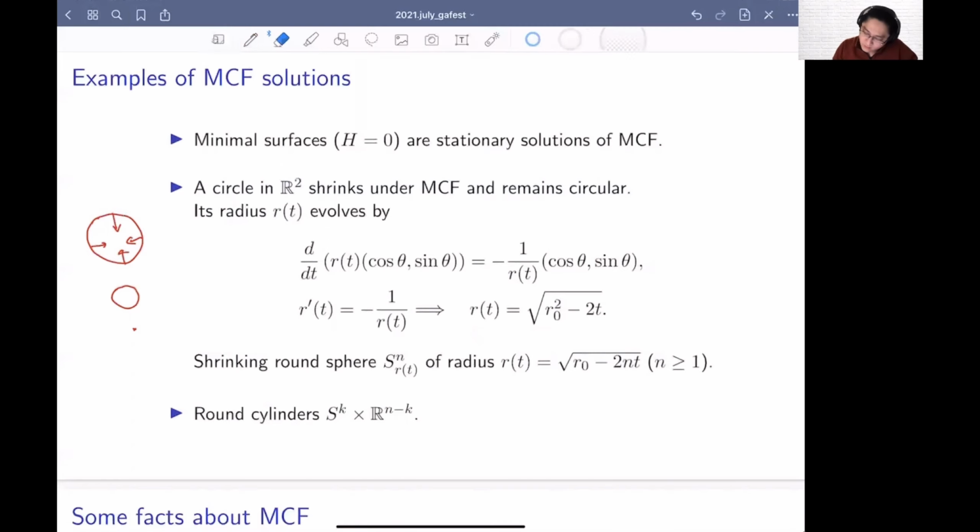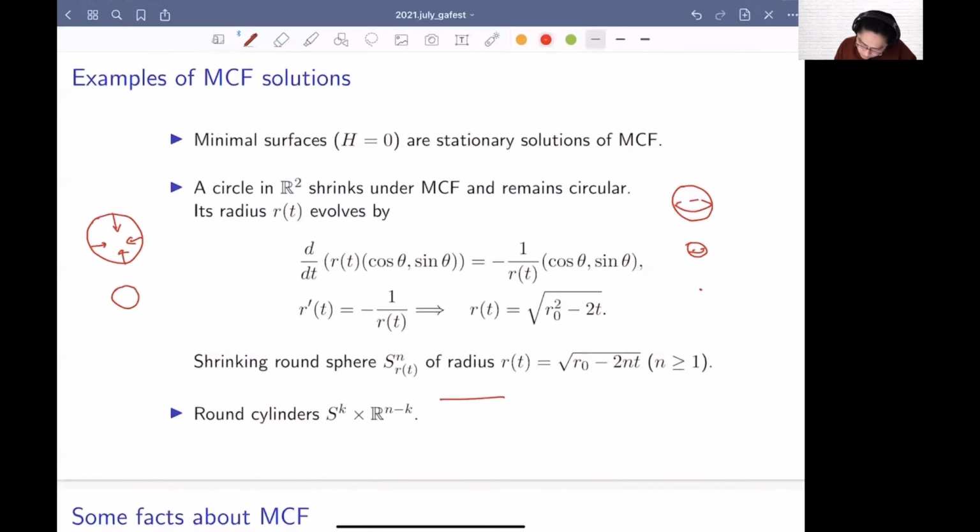And again, we can solve for the radius, and we realize that a round sphere will disappear to a point in finite time. We can also take products of the spheres and the Euclidean space to obtain generalized cylinders.